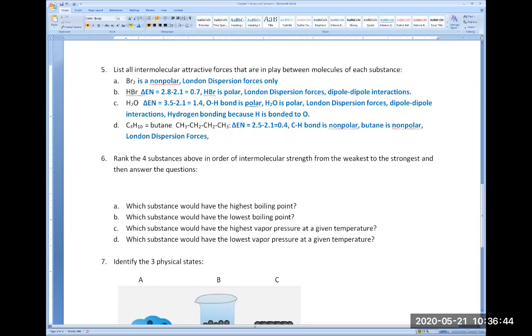Because we have hydrogen there. No. Yes, very good. Hydrogen is bonded to C, so there is no possibility for hydrogen bonding. Okay, so no hydrogen bonding there, so just London dispersion forces only.